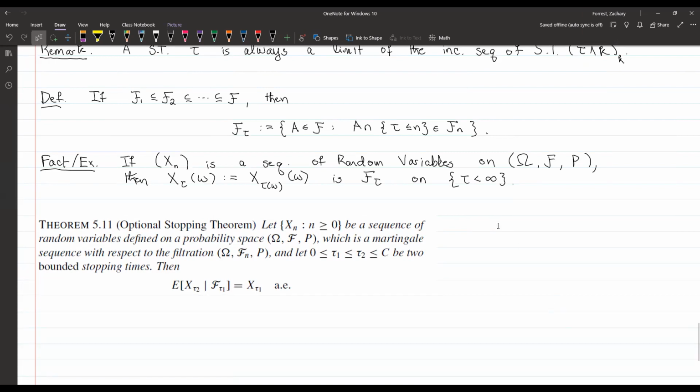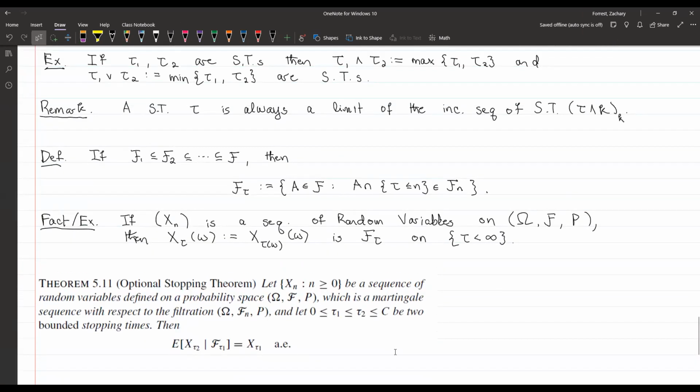So the point behind the optional sampling theorem, I know it says optional stopping theorem here, but optional sampling theorem is another name that you'll see thrown out there, is that we've already got a stopped sigma algebra F tau. We know a whole bunch of properties about martingales. So the question is, if I work with respect to stopped sigma algebras and stopped martingales, will we have a similar relationship?